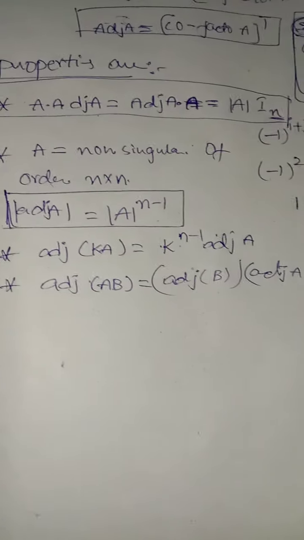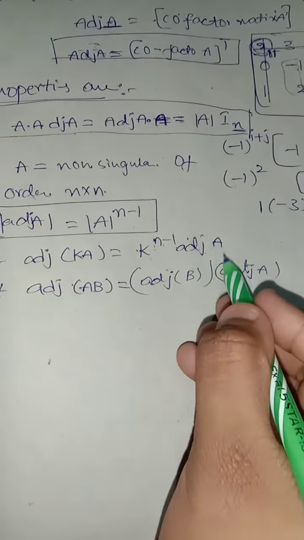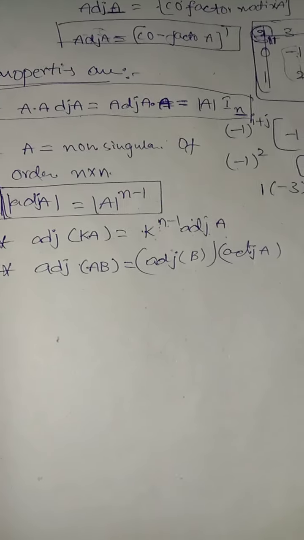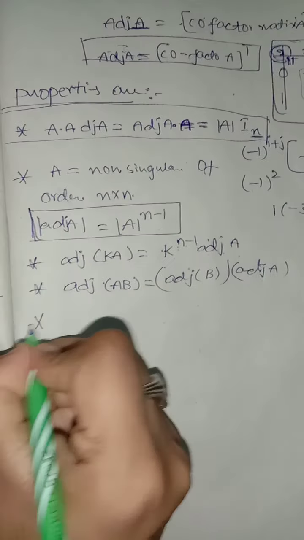AB, BA. We have the proofs also, but we don't need the proofs in the short revision.